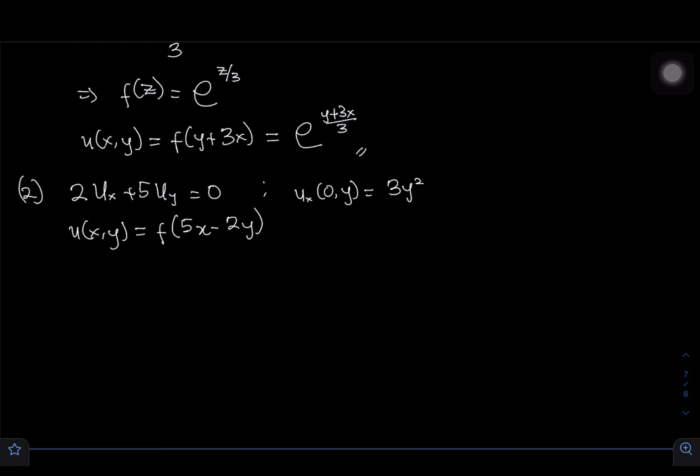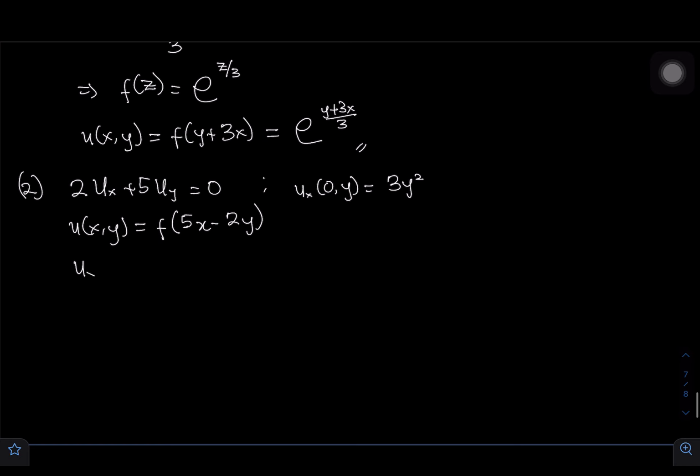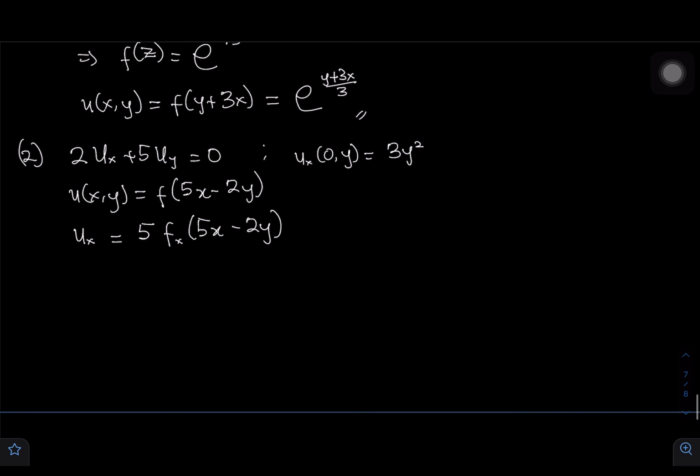So we are then required to differentiate u of x, y with respect to x. So ux is going to be 5 times the derivative of f with respect to s, or with respect to x, and this is what we have. Okay, and then we know that ux of (0, y) is going to be, wherever I see x, I'm going to put 0 there.